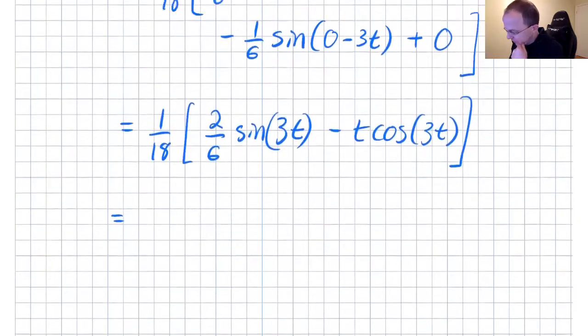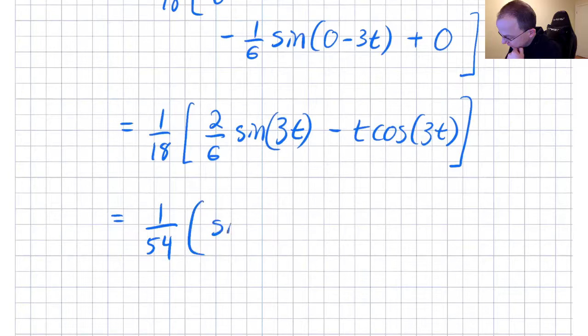All right. So this is 1/3. When I take the 1/3 out, I get 1 over 54. Yeah, 3 times 18 is 9 times 6, 54. So 54, and then this will be sine 3t.